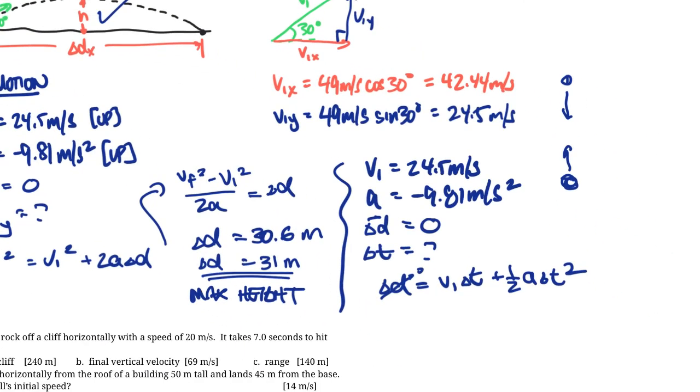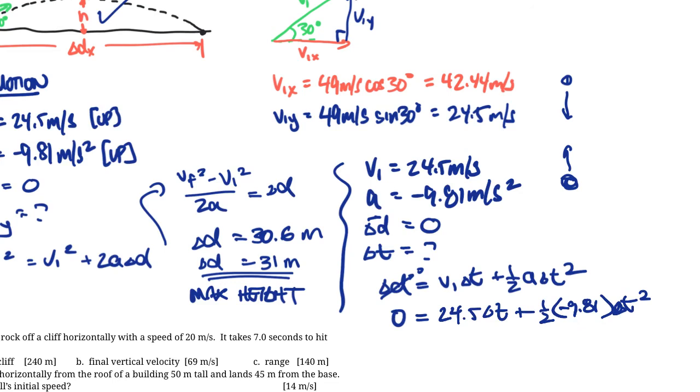Can we simplify this equation for T? Not really, because there are two of them, and one of them is squared. So we just have to plug in what we know: 24.5 delta T plus 1/2 times negative 9.81 delta T squared.